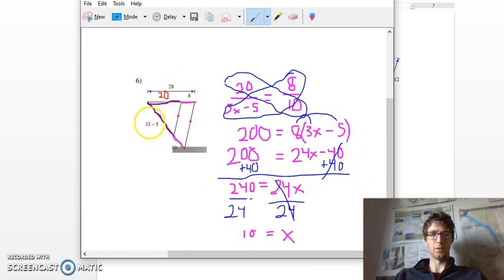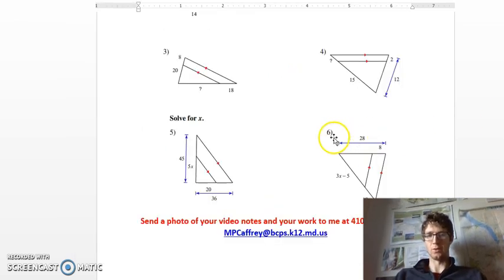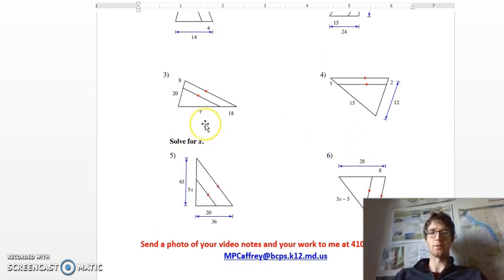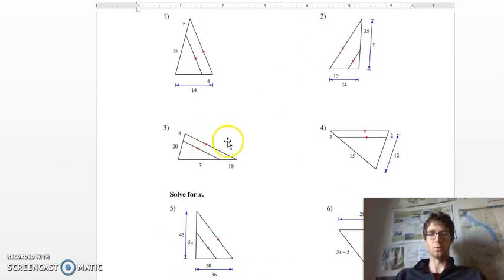So basically, x is equal to 10. I guess the section over here would be 3 times 10 minus 5, which would be 25. But they're just asking for what x is. So this is all you got to do for this. So you can just say x equals 10, and that's all you got to do. So I want you guys to do, at number 6, I want you guys to do 5. So basically, you guys will do 2, 3, 4, and 5.